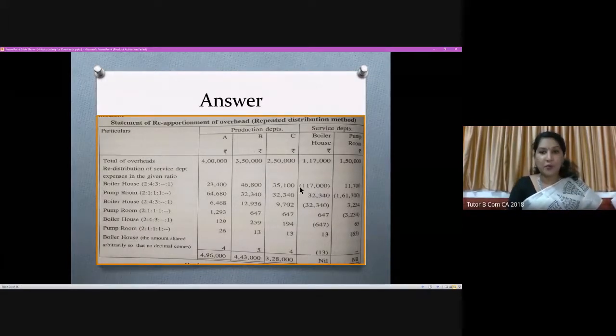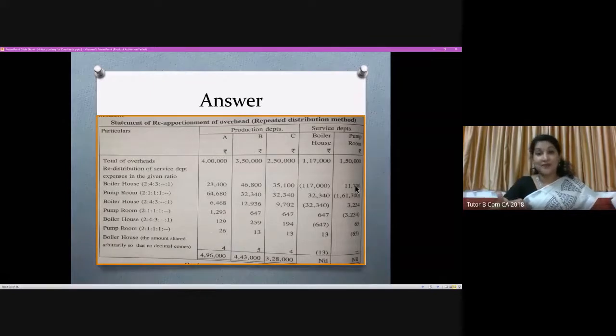So I'm going to put 1,17,000 in brackets, which means I'm going to reduce 1,17,000 from 1,17,000, so ultimately the answer would be 0 for me. Right, so I'm trying to nullify the expense of boiler house. Now, how do I share that? In the ratio of 2:4:3:1. So 2 here, 4 here, 3 here, 1 here.